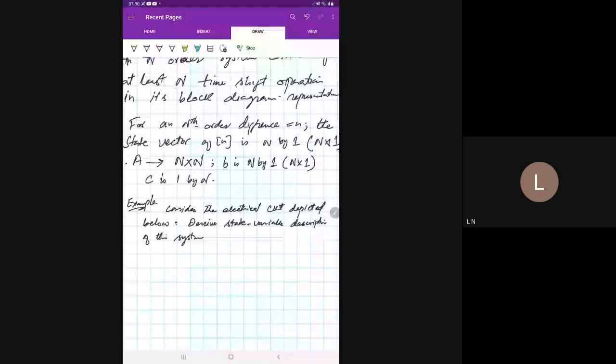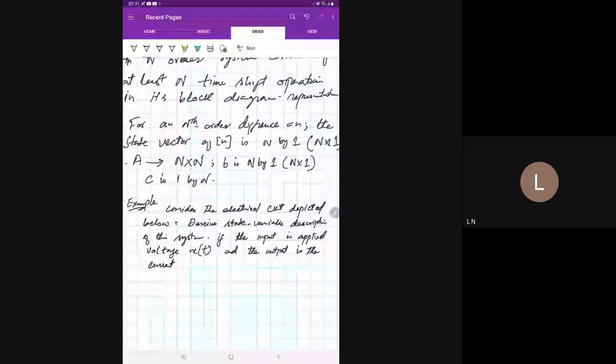It is also mentioned that the input to the system is applied as voltage represented by x of t, and the output is the current in the form of y of t, which is through the resistor.